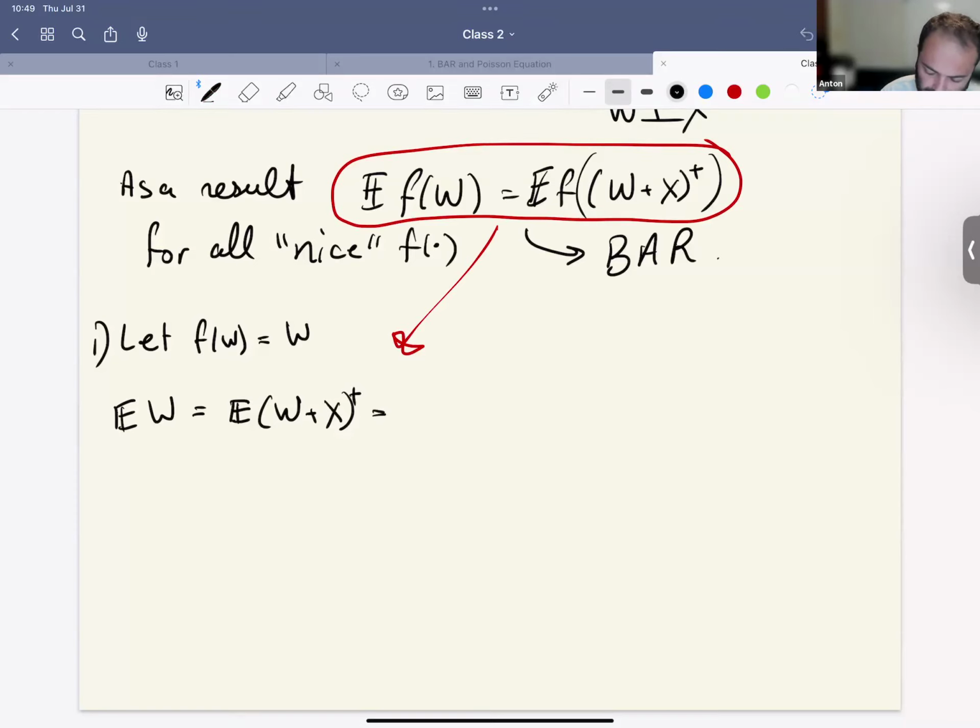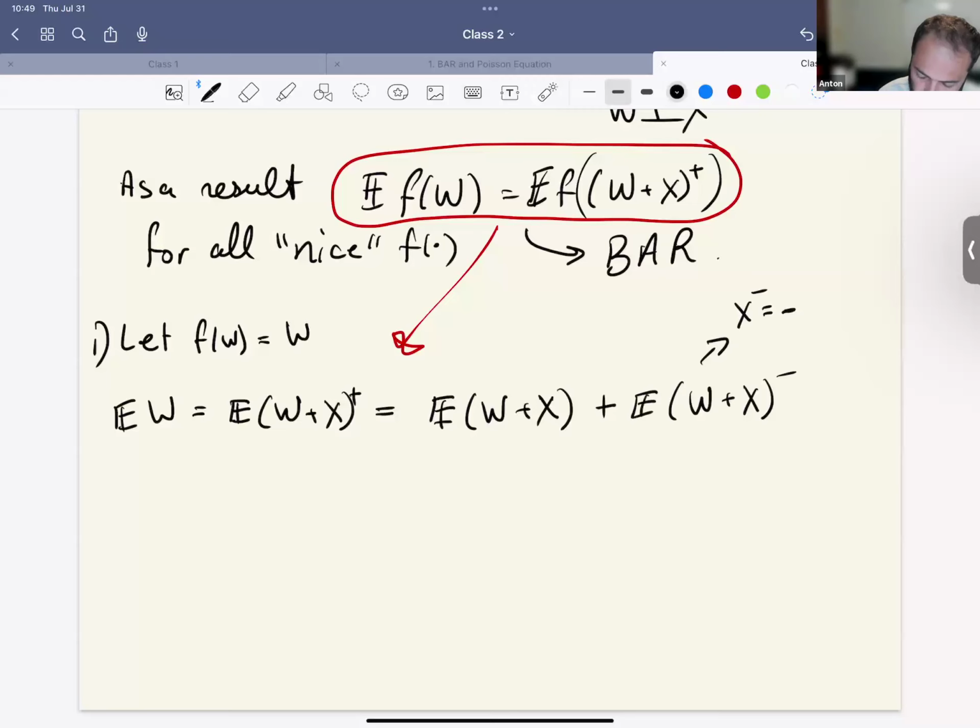And how do I deal with the right-hand side? Well, I just rewrite it as I add and subtract, plus expected value of (W plus X) negative part. By the way, what does that mean? So X negative part, this is negative minimum of X and 0. Okay, so this is a mouthful usually, but you think of it the following way.